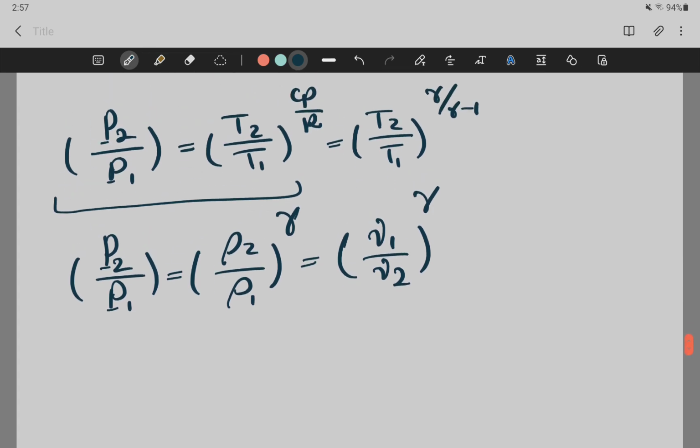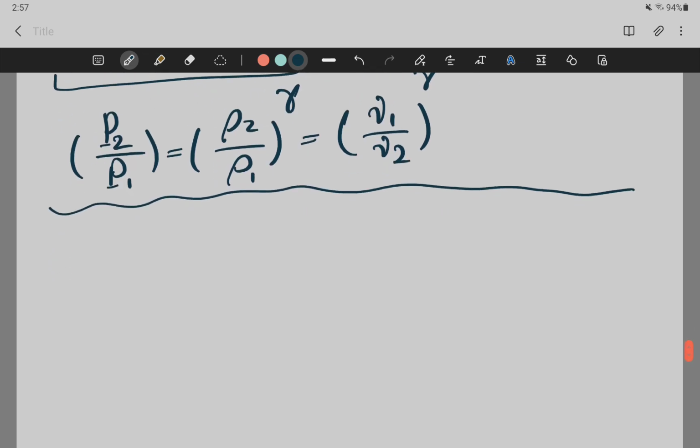So it can be in terms of specific volume or density. The most important relationships you should know are these two, the isentropic relationship between the pressure and temperature of the two states. Other than that, you can use the ideal gas law. These are the most useful thermodynamic relationships that you should be aware of.